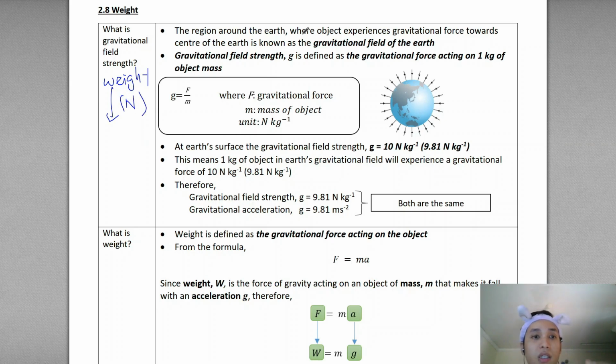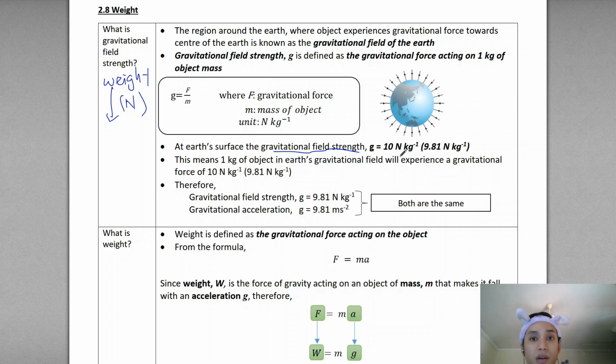So, gravitational field of Earth. Gravitational field strength. Definitely all planets will have their own gravitational field strength, meaning you will experience the gravitational force towards the center of the Earth. This is what we call a gravitational field strength. How they define it is the force that you will experience for every 1 kg of mass. For every planet, the gravitational field strength is different.